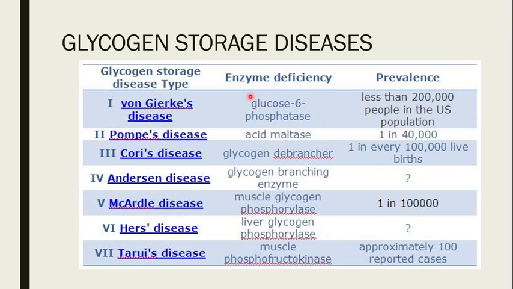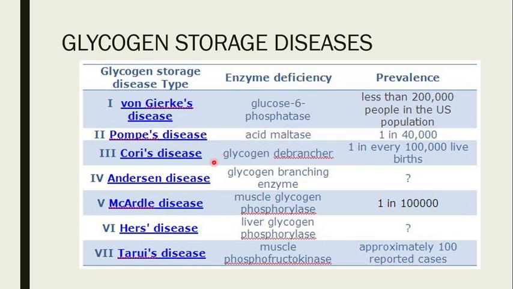Glucose 6-phosphatase would be the enzyme responsible for converting your glucose 6-phosphate directly into glucose in the liver. So we will look at the pathway later. Acid maltase will be the one responsible for converting your glycogen into your glucose metabolite, specifically in the lysosomal area. So it is a lysosomal enzyme.